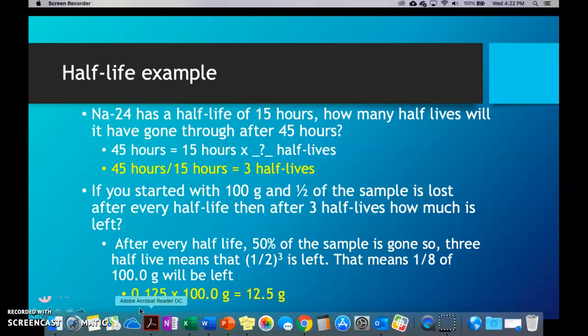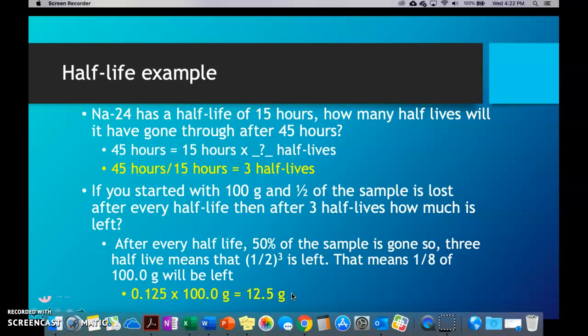Okay, so that means you would take 1/8 times 100 grams, which gives 12.5 grams. So after 3 half-lives, there will be 12.5 grams of my 100 gram sample remaining. Another way you could do it is to just do it out. You would say, okay, if you start with 100, after 1 half-life, there would be 50 grams.